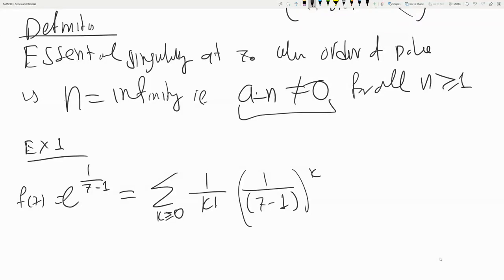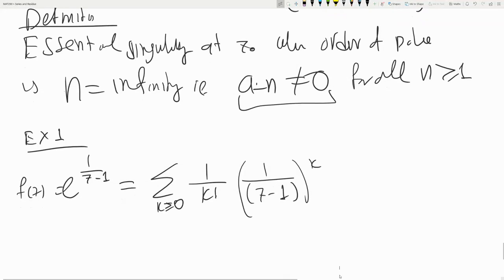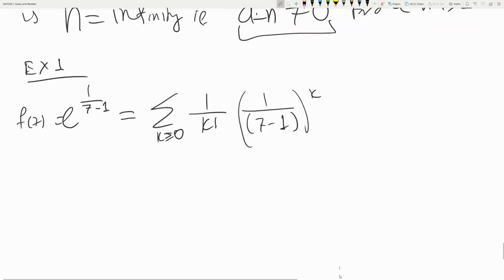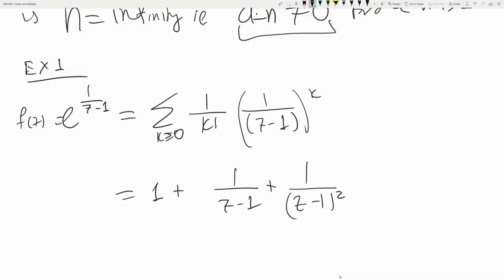Okay, so we have this, and we see that you can start from constant term 1, and then there is no squared. There is no smallest negative power. You can keep going, and you have more and more negative powers.